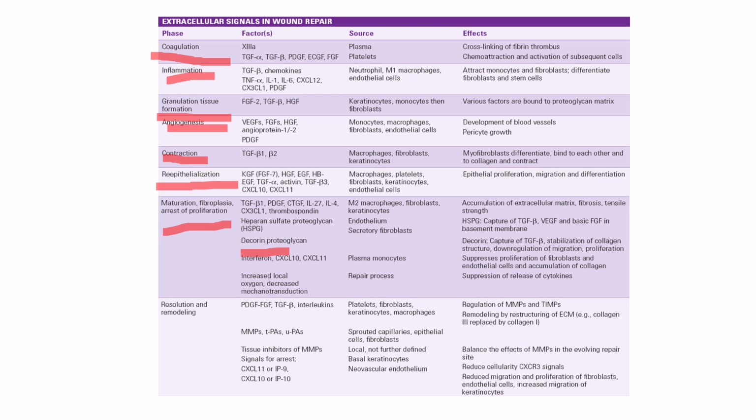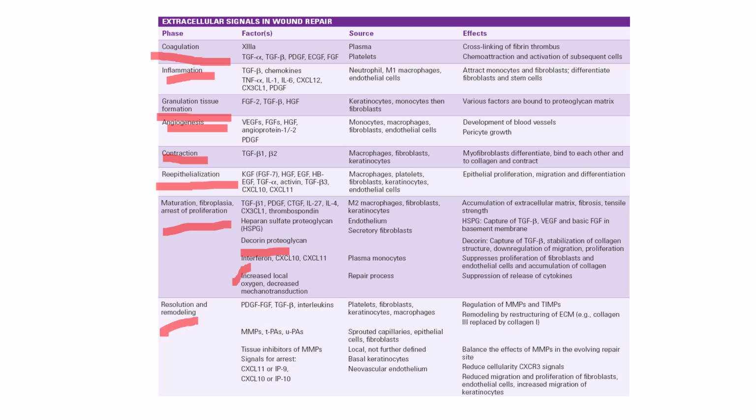Immune modulation also requires interferon CXCL10, 11, and it suppresses fibroblast proliferation and accumulation of the collagen. There is increased oxygen and decreased mechanotransduction that support maturation and reduce fibroblast proliferation.